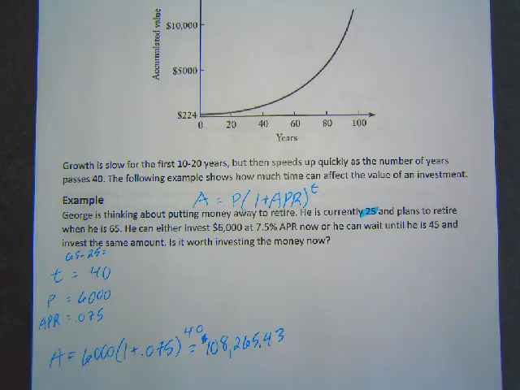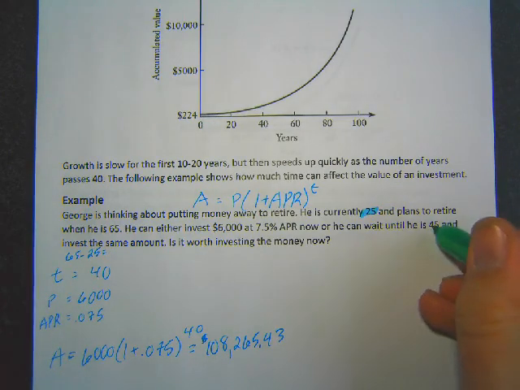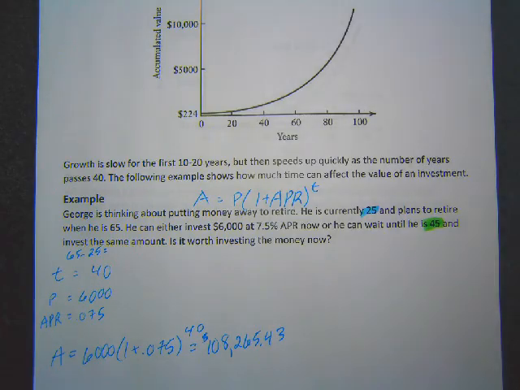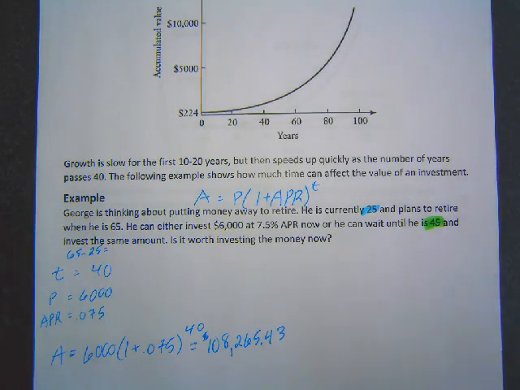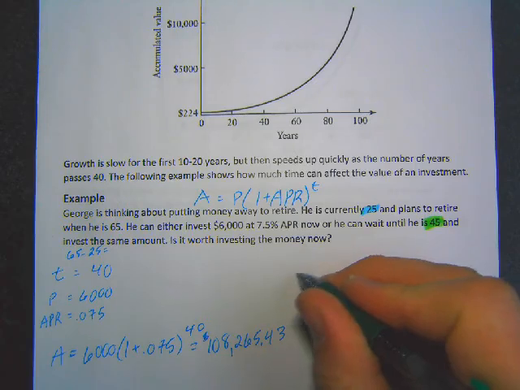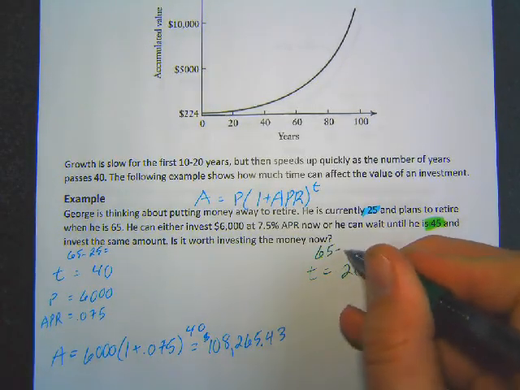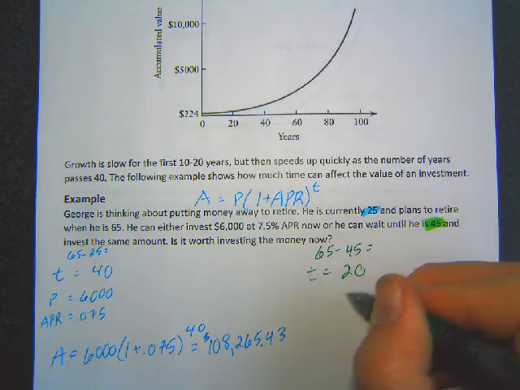Now, maybe instead of doing it now, he says, well, I'm going to wait till I'm 45. So let's look at him at 45 doing the same thing. The only difference is now his time frame is going to be 20 years, because 65 minus 45 is 20.